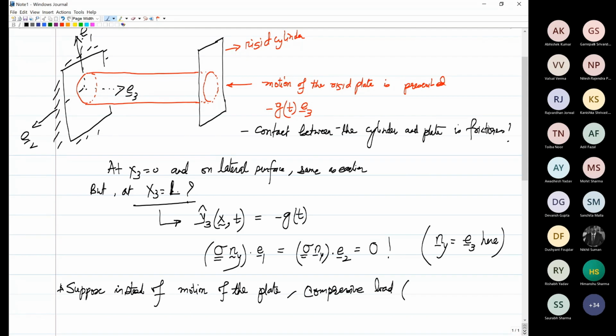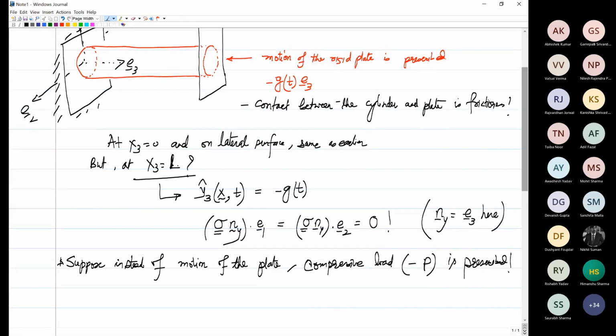Compressive load minus P is prescribed. So this is a load that is applied on the plate. So can you now tell me what will be the boundary condition? And again, it is frictionless.